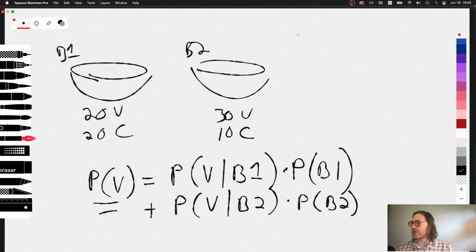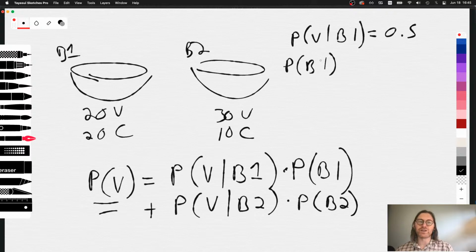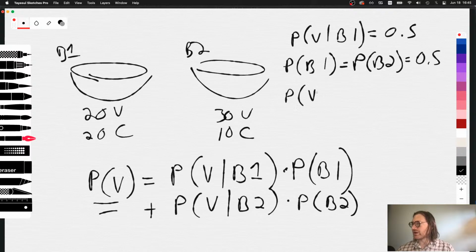We can answer the question, what is the probability of vanilla given bowl 1? That's going to be 0.5, or 20 out of 40. What's the probability of bowl 1? Well, as we established, the probability of bowl 1 is the same as the probability of bowl 2, which is 0.5. What is the probability of vanilla given bowl 2?